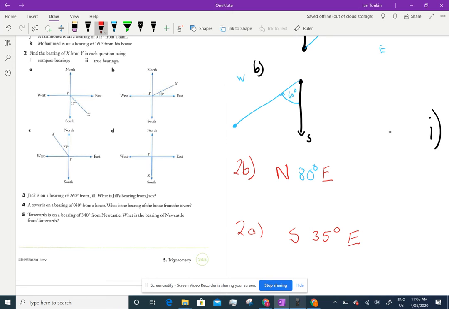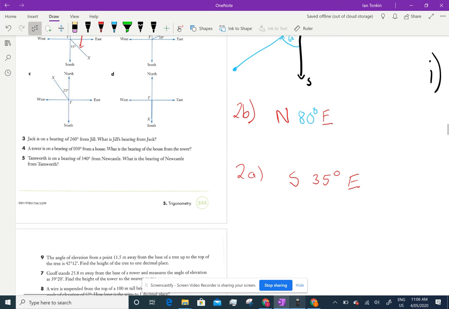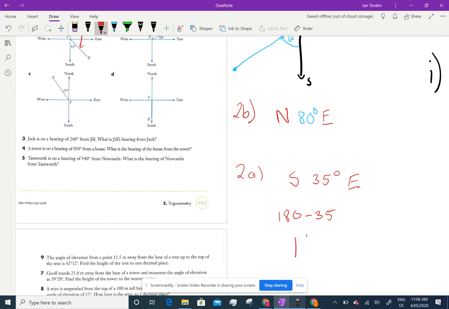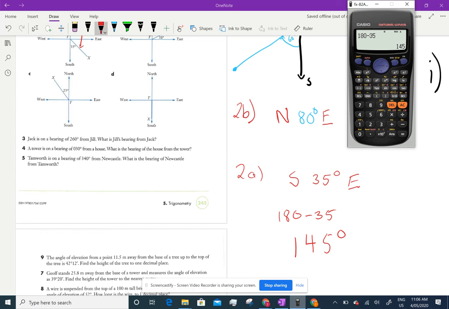But to do the true bearing, I have to go from north. I have to work that out. And to work that out, it's 180 minus 35. So 180 minus 35. So it's true bearing, 3 digits, 145 degrees. Let's double check that. Yep.